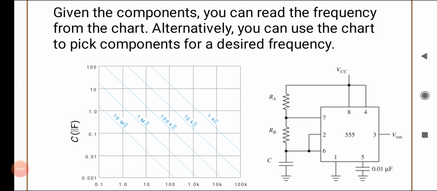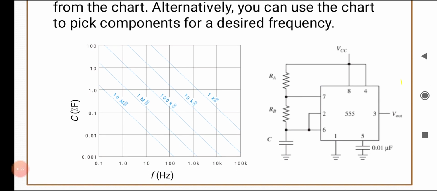Here RA is connected between VCC pin 8 and pin 7. RB is connected between pins 6 and 7. Pins 2 and 6 are tied together, and pins 4 and 8 are tied together.